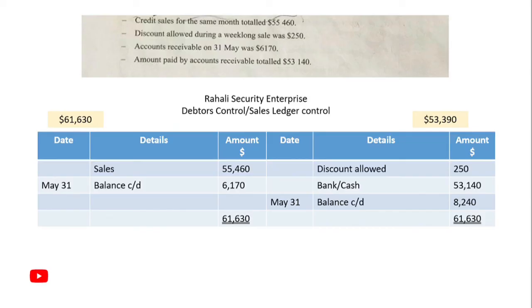Different questions can test you differently, but they will always give you the information that you need, and you just put in the information. There's not a lot of calculation to be done. You just have to know where to put the information, and that is basically control accounts for you.